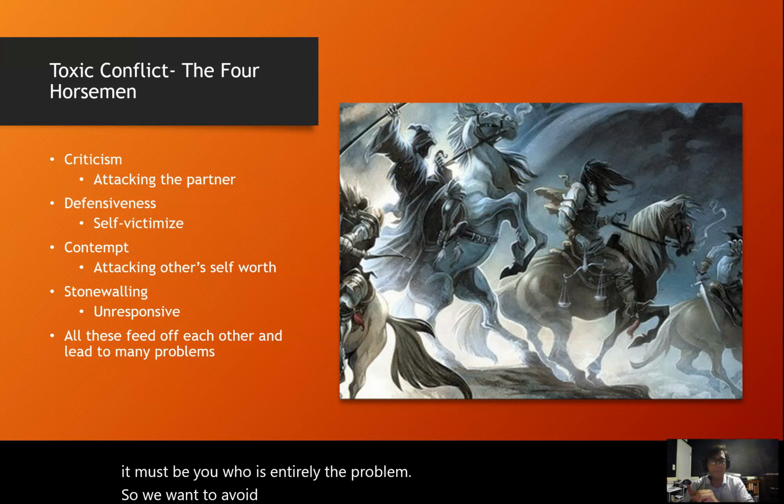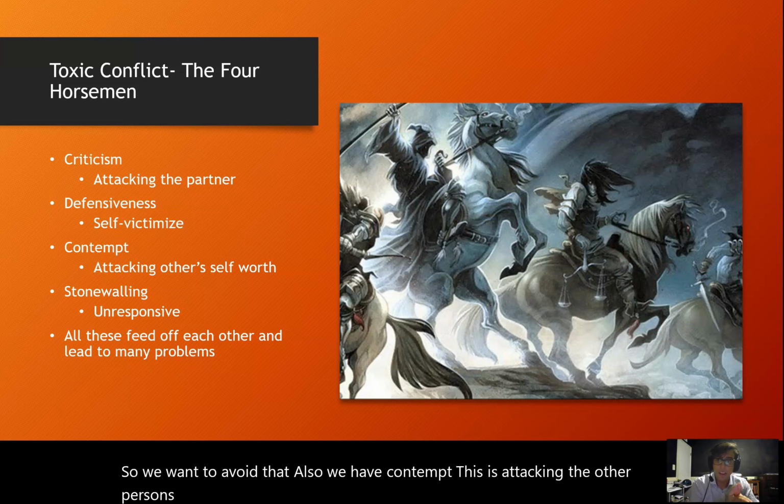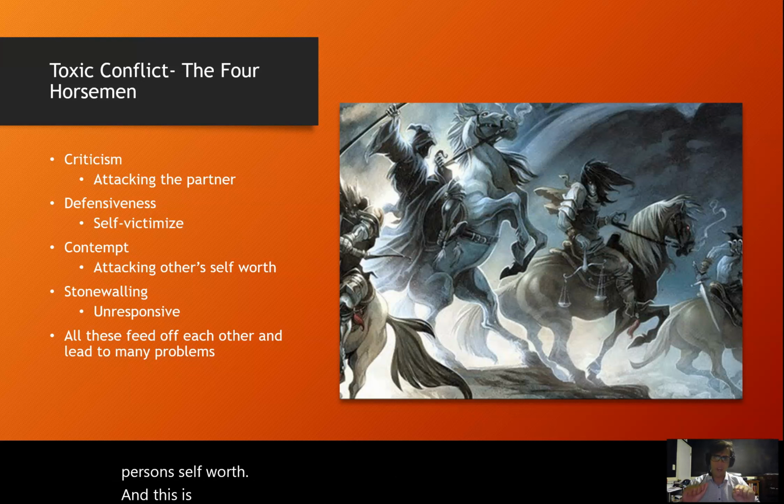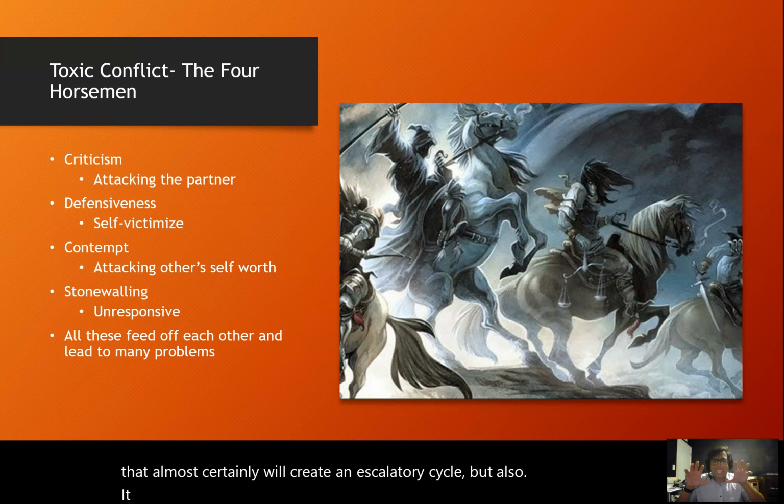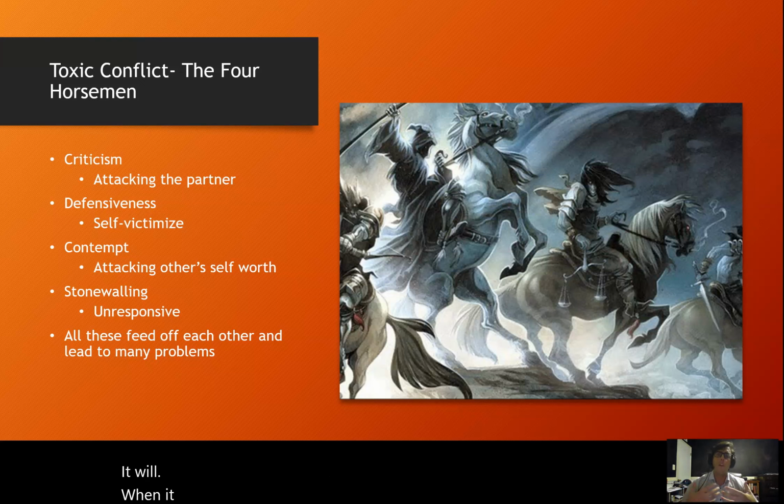Also, we have contempt. This is attacking the other person's self worth. And this is incredibly horrible because by attacking the other person's self-worth, that almost certainly will create an escalatory cycle, and it overall just diminishes the relationship.